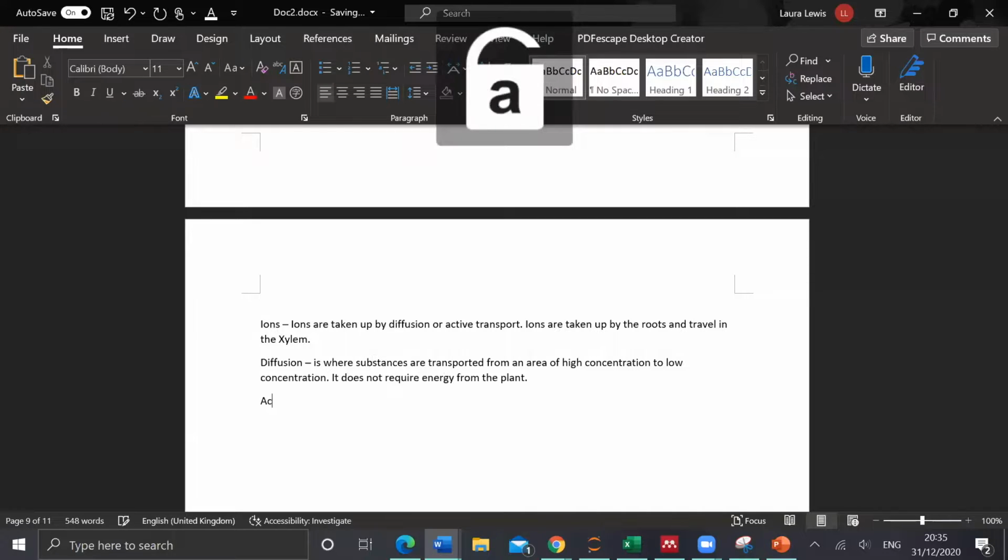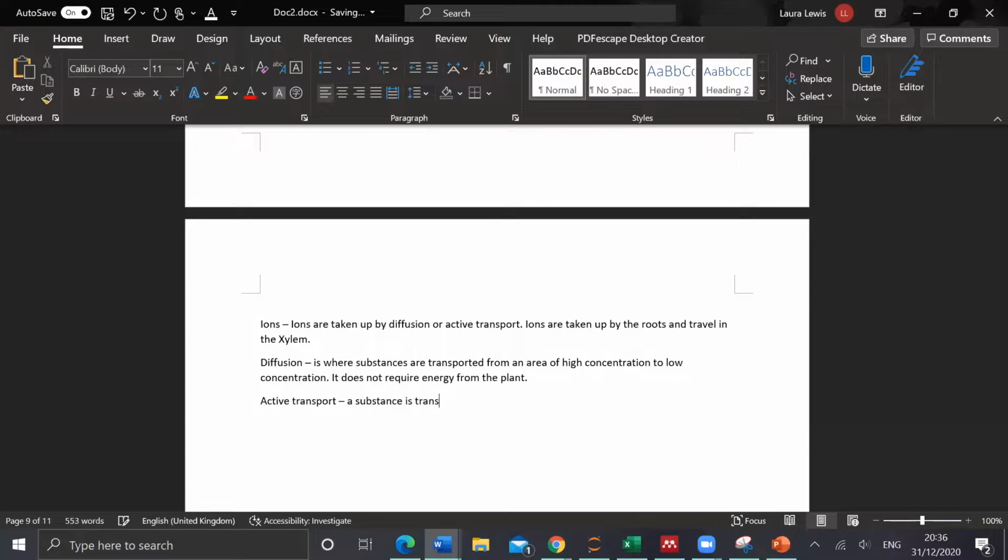Active transport is different. Active transport goes the other way around. A substance is transported from an area of low concentration to high concentration. This requires energy from the plant.